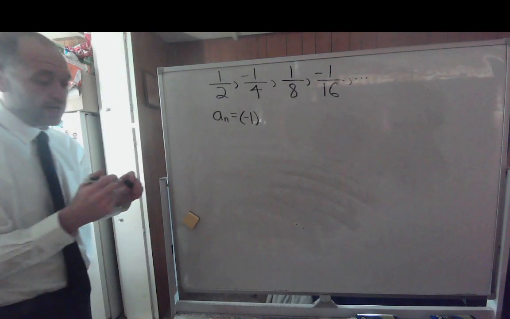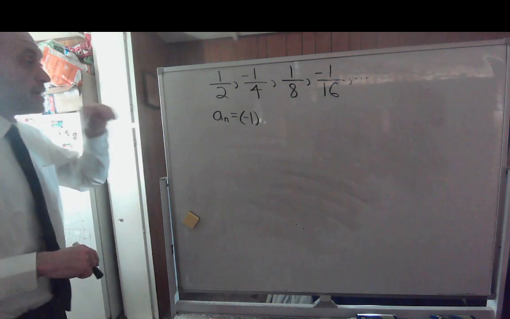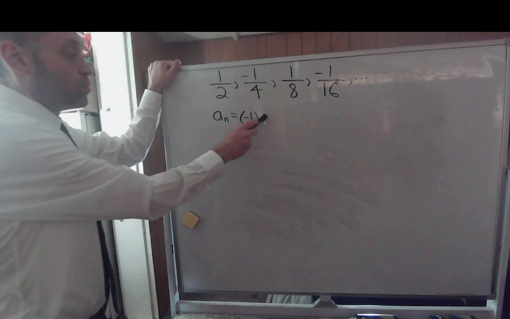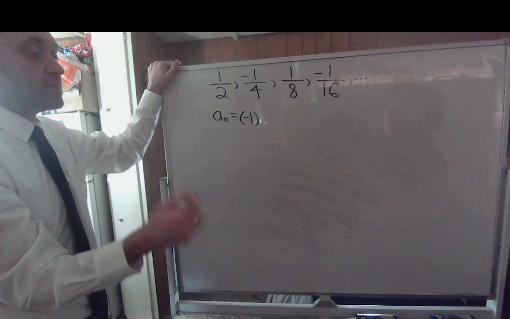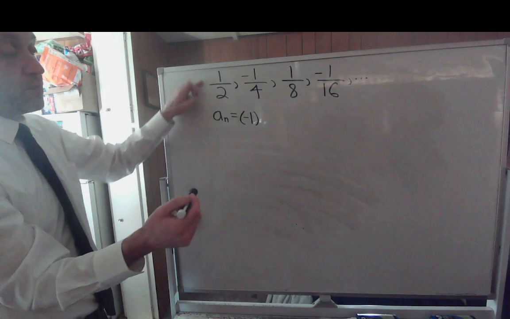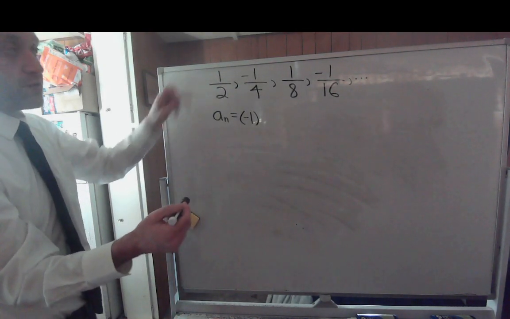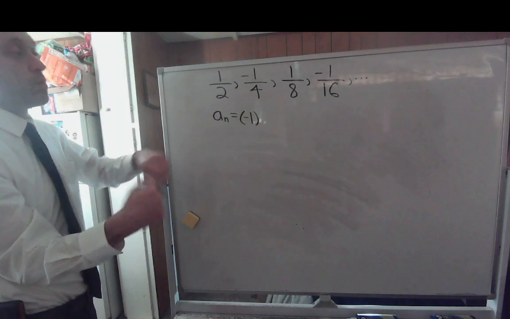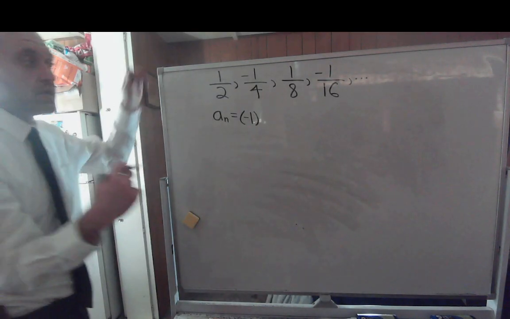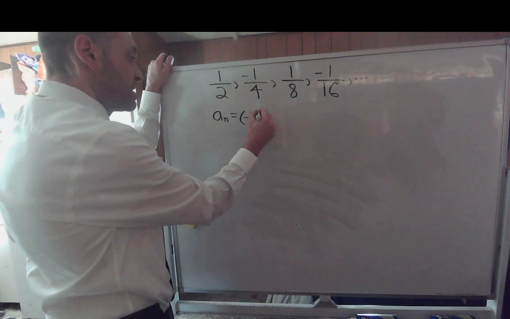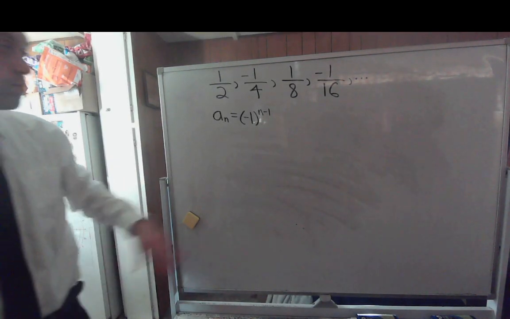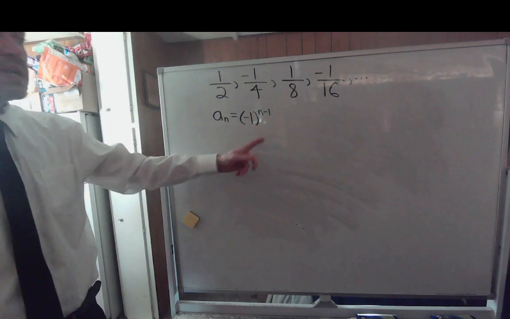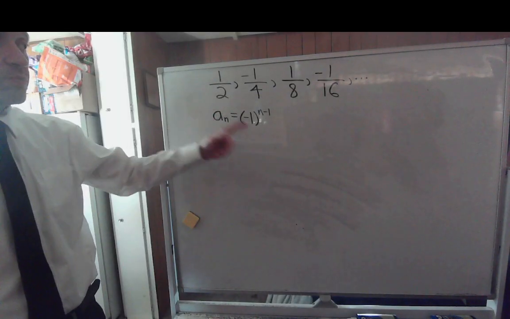some quantity. Now, if I just took -1 to the n, I would end up getting -1 for my first term in the numerator, where actually it should be +1. So what if I took -1 to the n minus 1? Well, 1 minus 1 is 0, right? -1 to the 0 is +1.